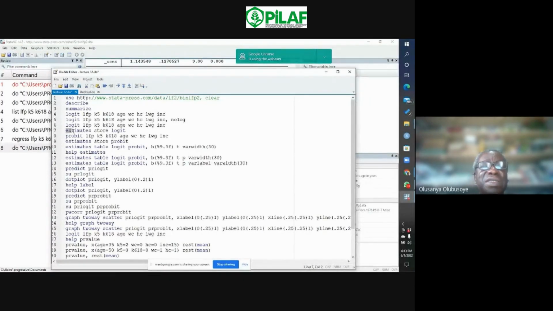This command is used in STATA anytime you run a model and you still want to use the result of that model later. You can store all the results somewhere, and you can give a name to where you want to store it. So I'm giving the name logit.